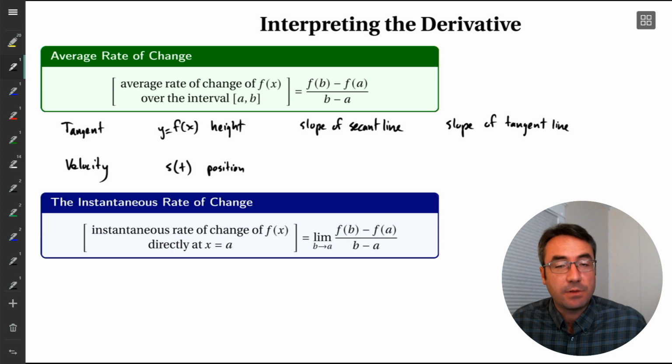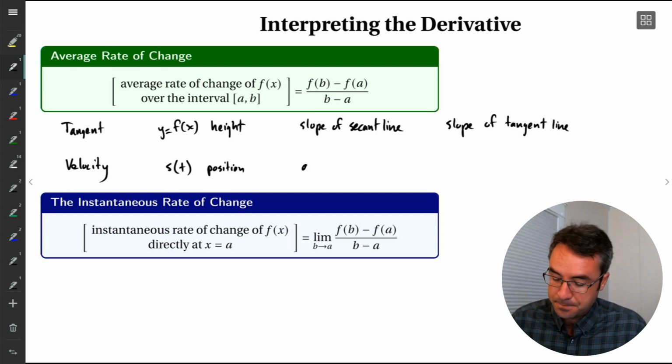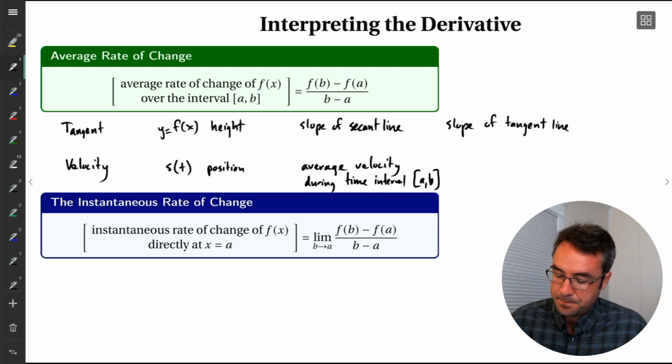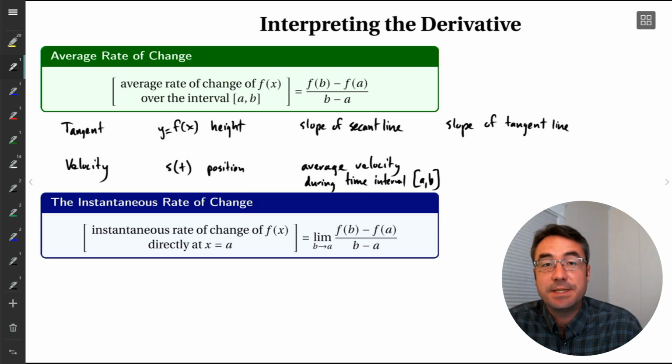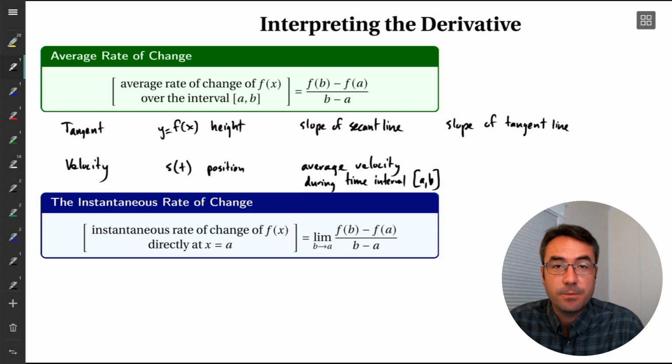It was the average velocity over that specific time interval. And so when we did the limit of that difference quotient, what did we get? We got the instantaneous velocity at time t equals a.